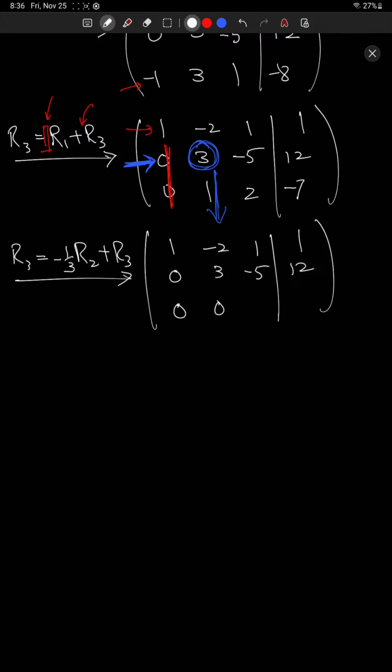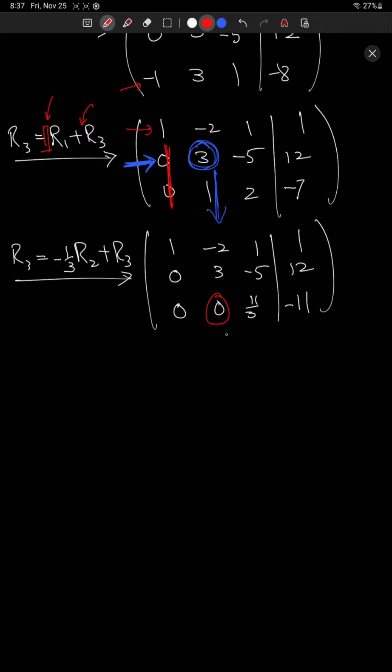And then minus 1/3, so this is 5/3 minus 2. Plus 2, sorry. So 11 over 3. And then this one is minus 1/3 times 12 minus 7. So that would be minus 11.